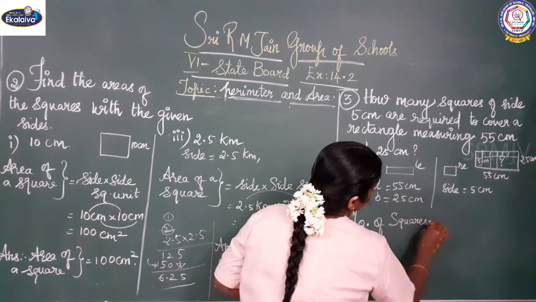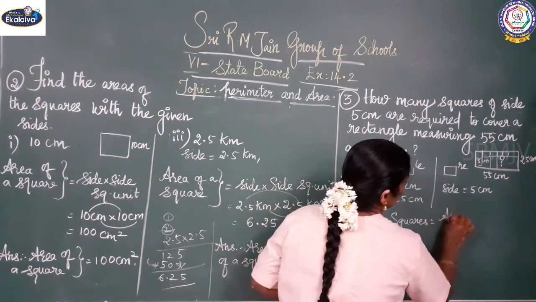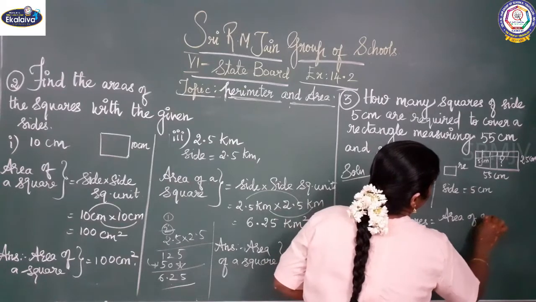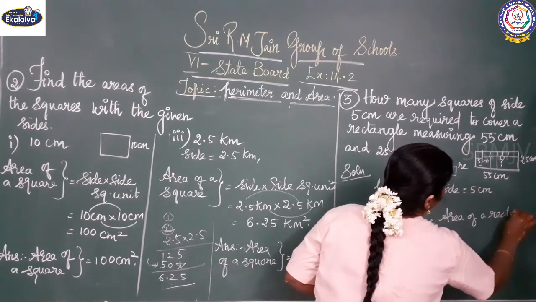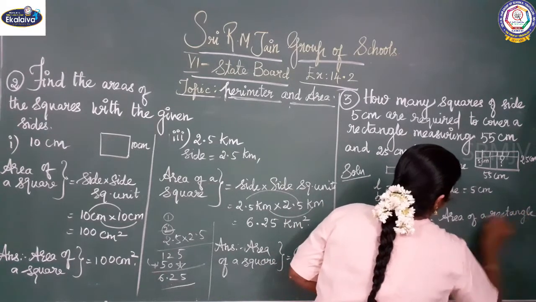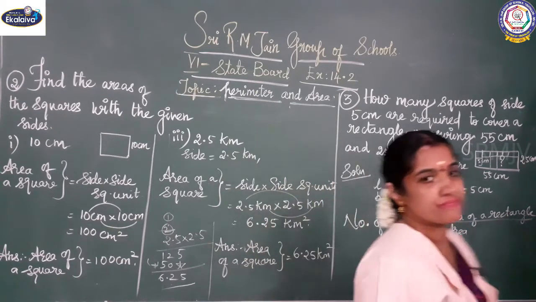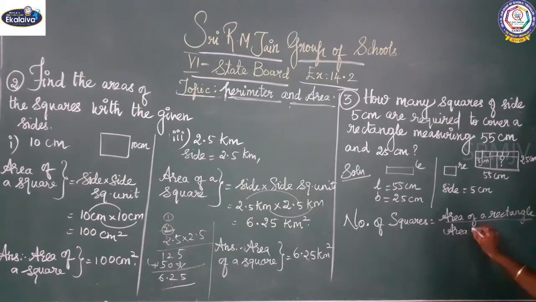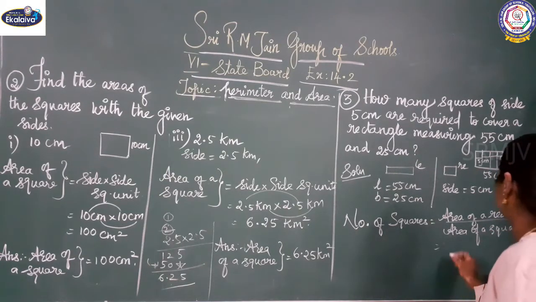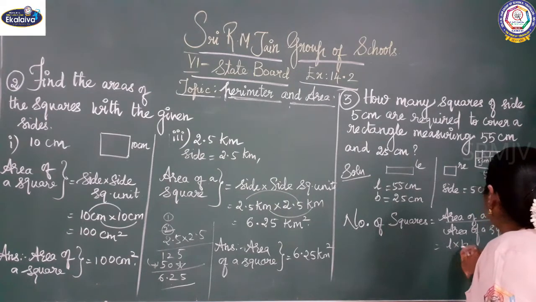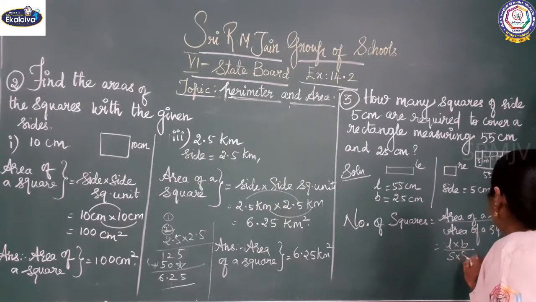Number of squares is equal to area of a rectangle by area of a square. See, what is the area of a rectangle formula? Length into breadth. So L into B divided by S into S.